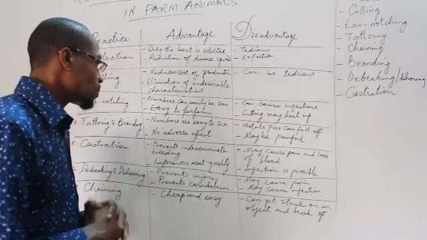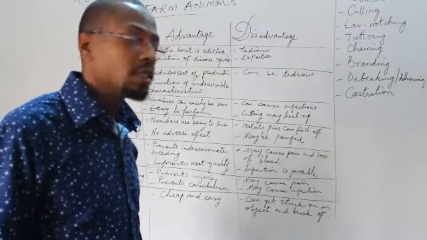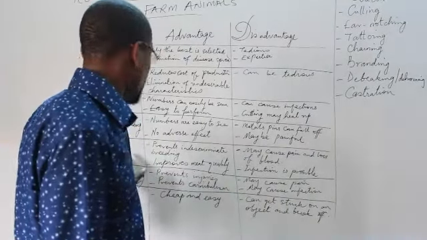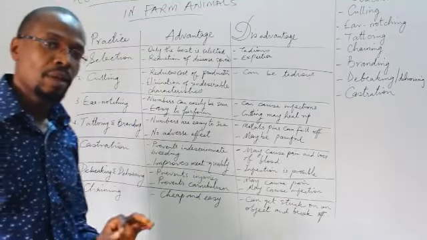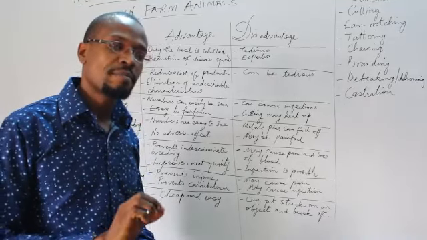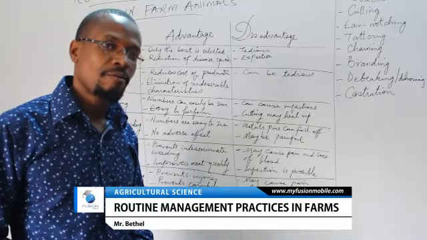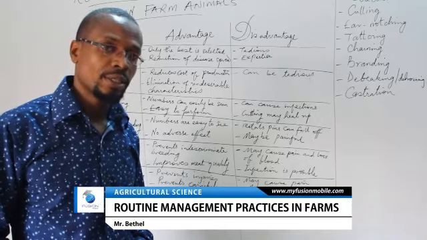Now, castration. Castration is done basically on male animals, okay? Castration is simply the removal of the male sex organs from the body of the animal in question.